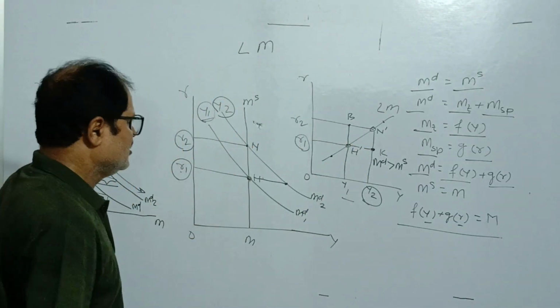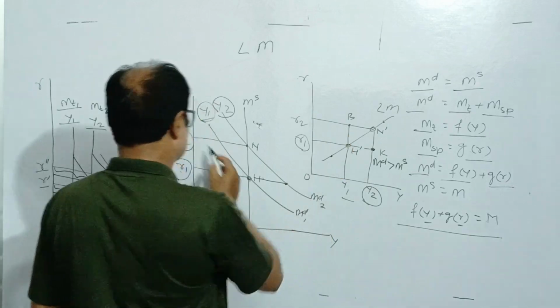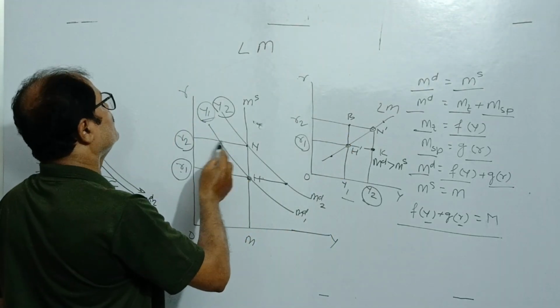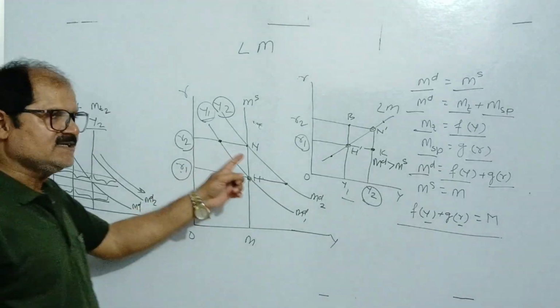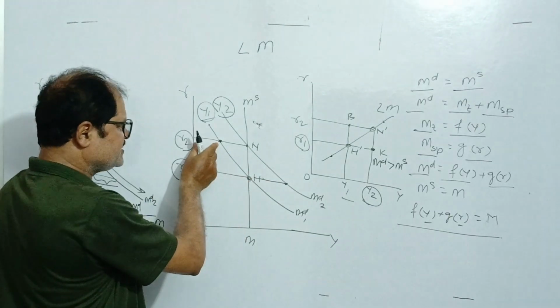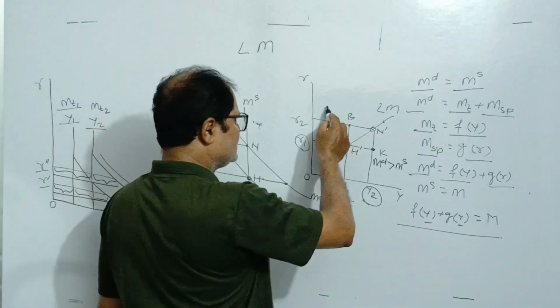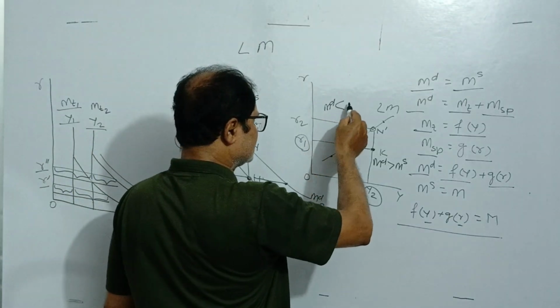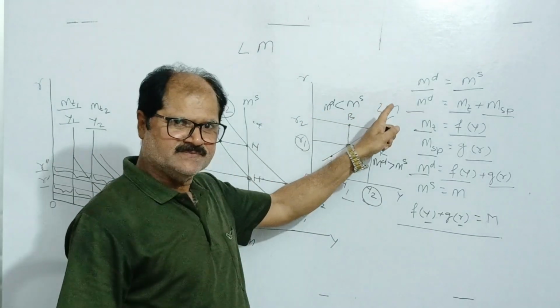See what happens when income is Y1 and rate of interest is R2. We are here. What happens here? Demand for money is this much and supply of money is this much. Obviously, at this point, MD is less than MS. Demand for money is less than supply of money.